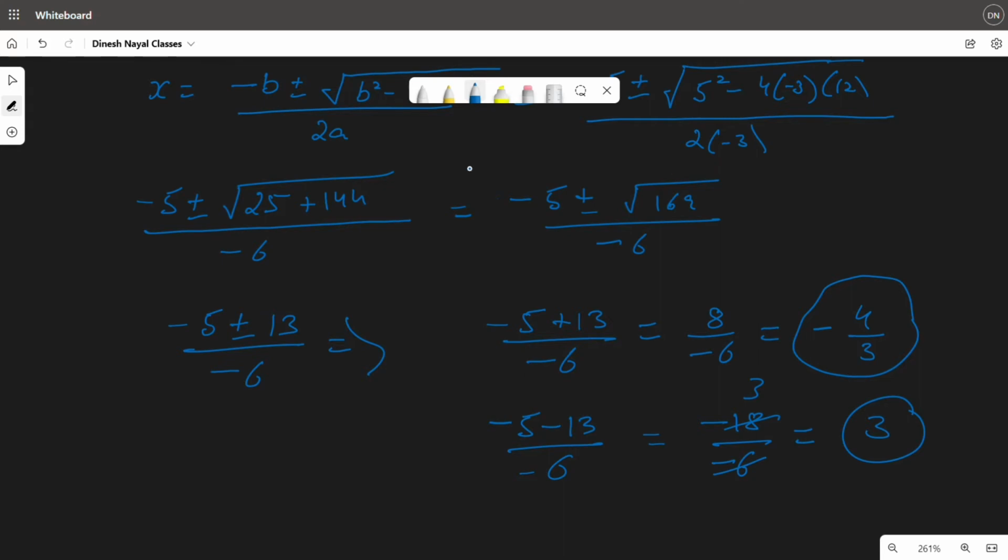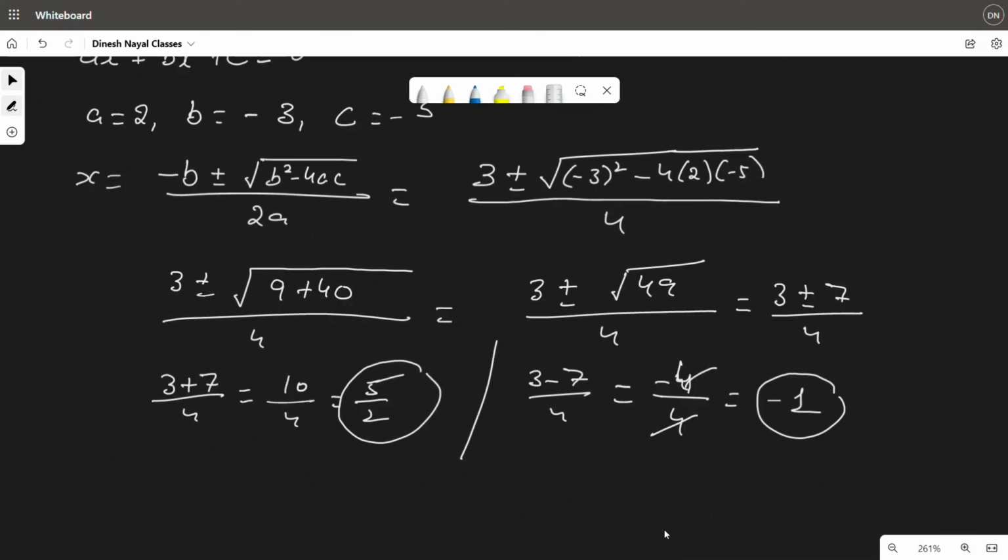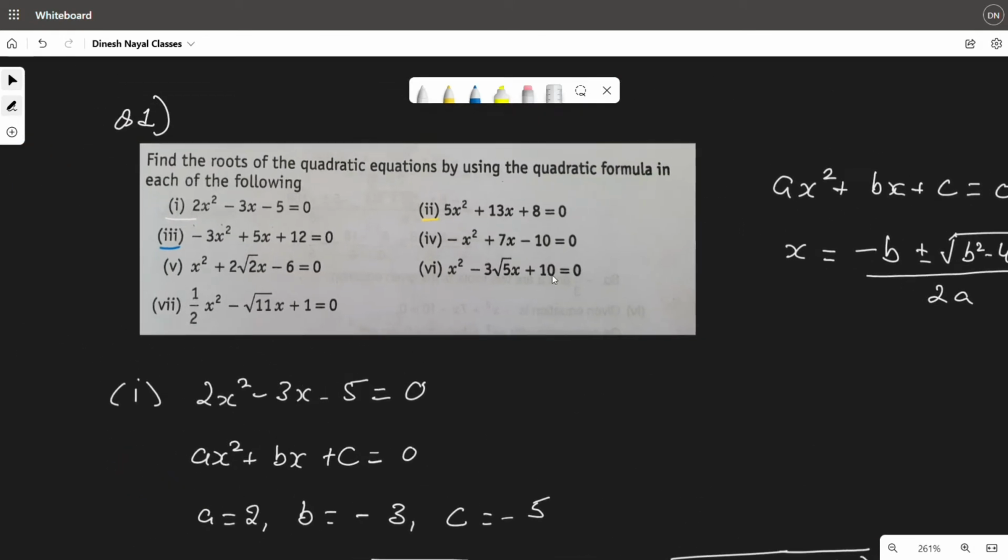Now coming on to our next part, which is the fourth part: minus x square plus 7x minus 10 equals 0.